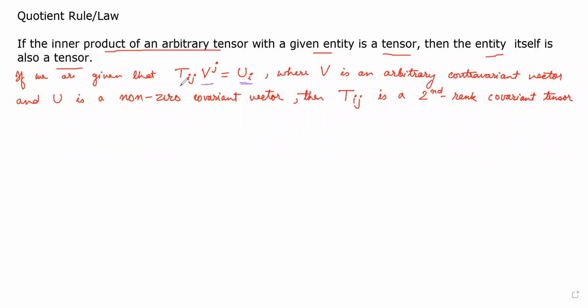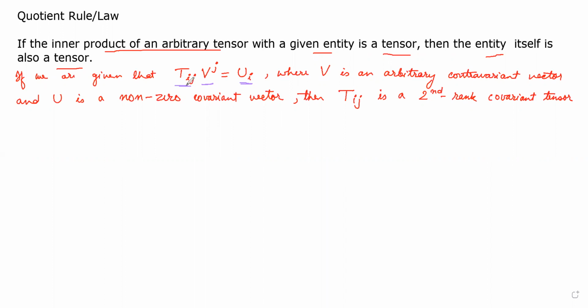When I multiply V with this object T, and then I contract the index j, the result that I obtain is again a covariant vector. Then it means that this object Tij should be a tensor.